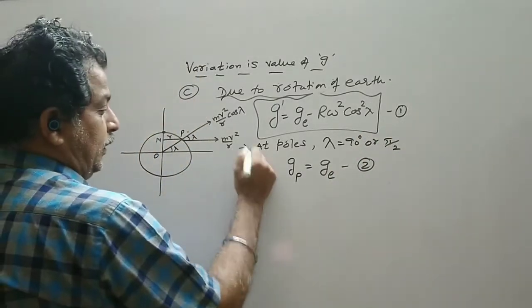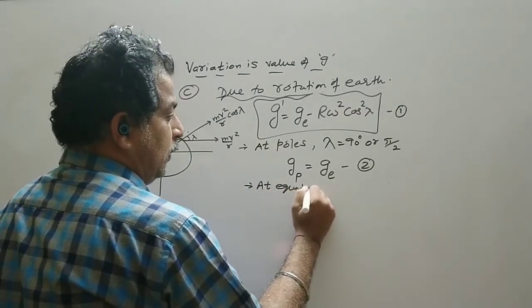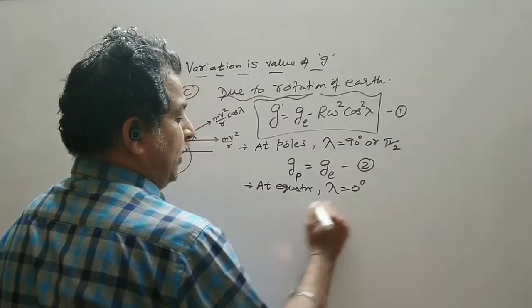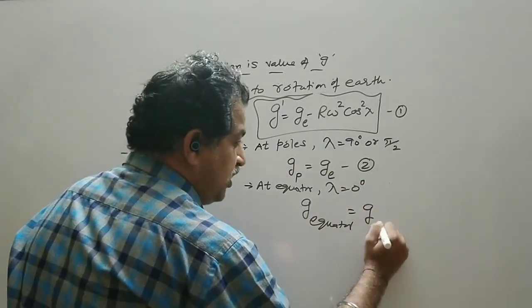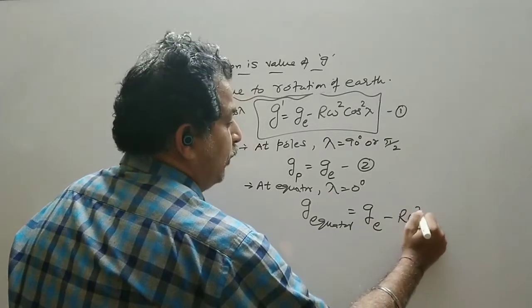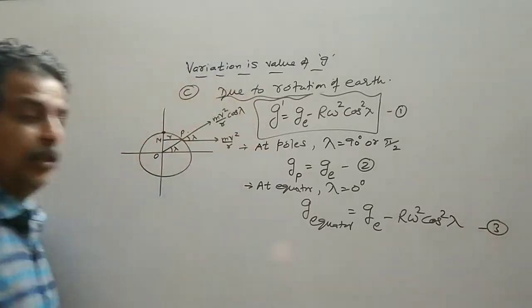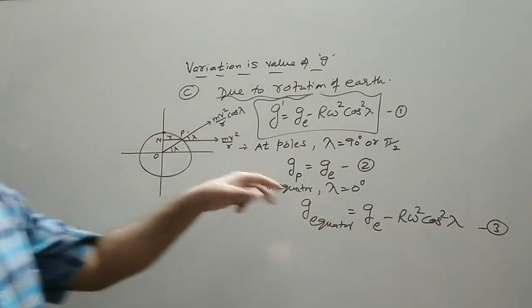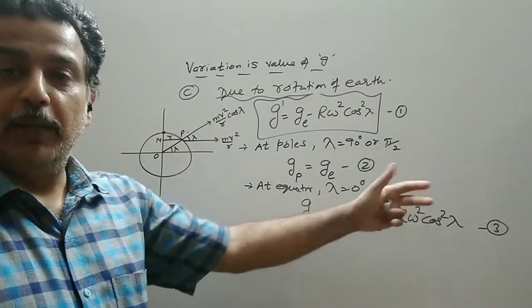At the equator, let us discuss this, all the points. At the equator, lambda is equal to 0 degrees. So g at the equator is equal to g_e minus R omega square cos square lambda. So this is the situation. If the value of g at the pole is 9.8, it is 9.8 minus something.